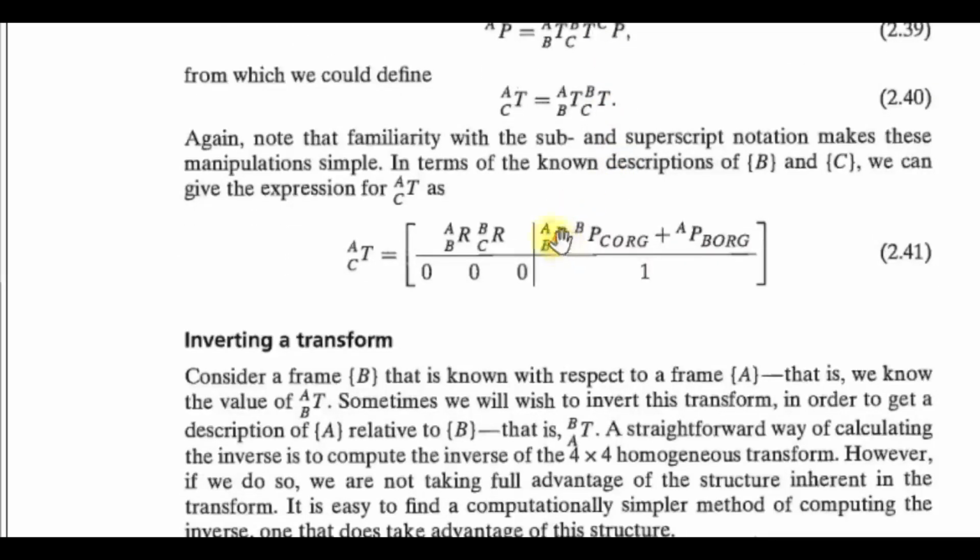Okay, so it is simply written as ARB, meaning the rotation with respect to A and B, and it is BCORG. Okay, why is it ARB?